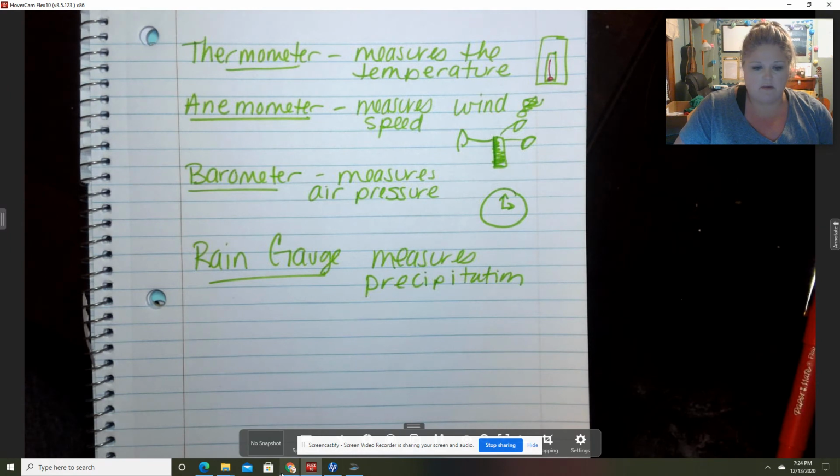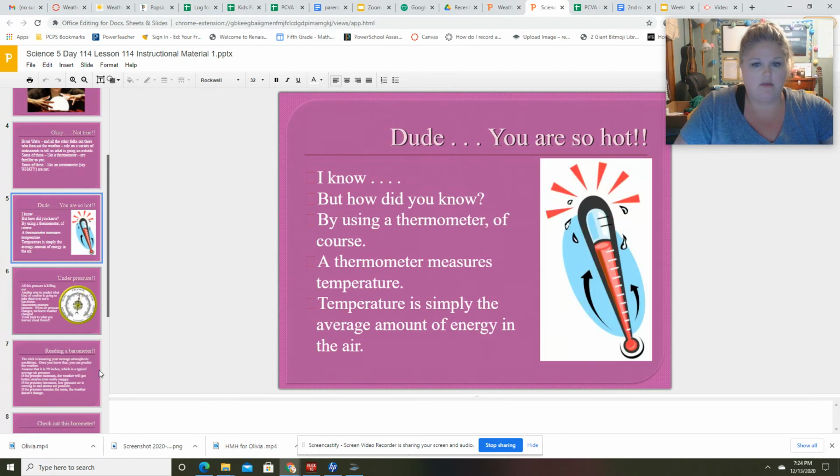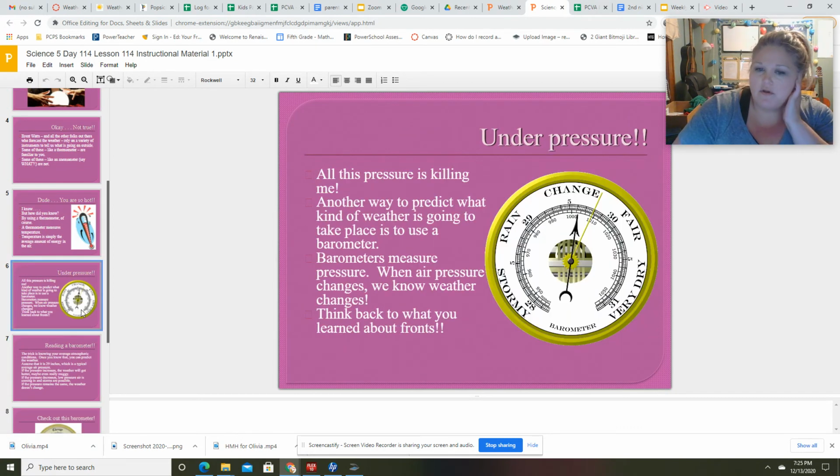Okay, so I'm going to go over here and let's look at these real quick. So a barometer, the pressure, all this pressure is killing me. Another way is to predict what kind of weather is going to take place by using a barometer.